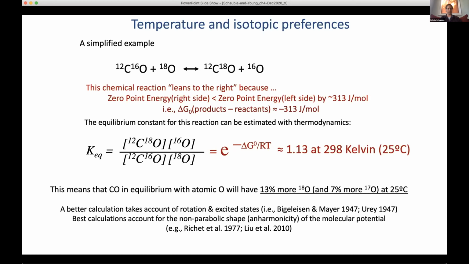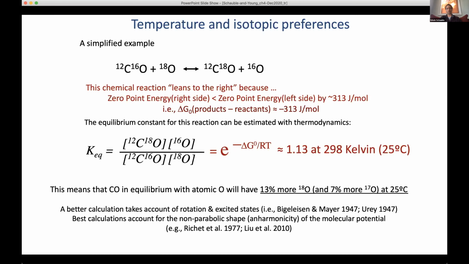They're just floating around as ideal gases. Because atomic oxygen doesn't vibrate, the only energy term that turns out to be relevant, or at least the dominant one in deciding how this equilibrium behaves, is the zero-point energy of vibration in carbon monoxide.